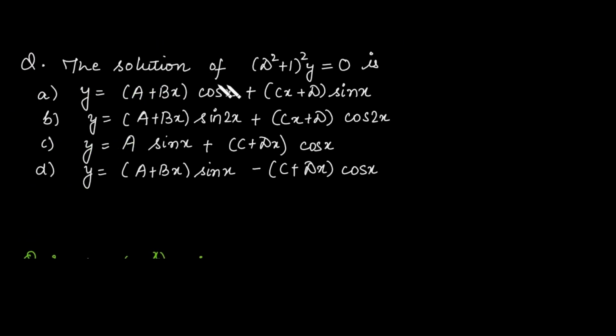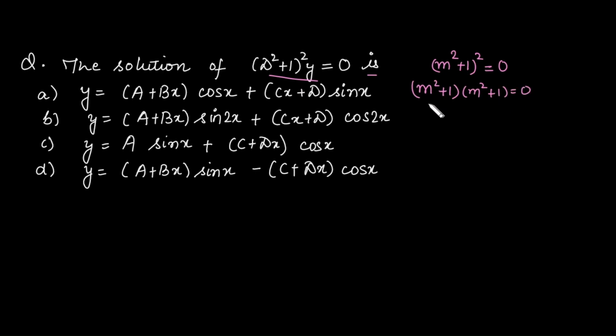Next question is, the solution of this is what? So you can observe this is a homogeneous differential equation. So we just need to calculate the complementary solution. In this case, auxiliary equation is m square plus 1 whole square, and y is replaced by 1 is equal to 0. So we can write m square plus 1 into m square plus 1 is equal to 0.